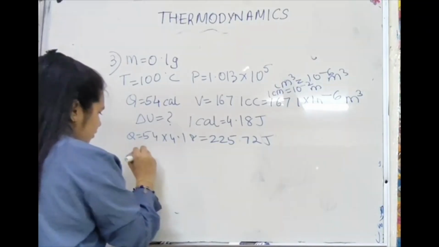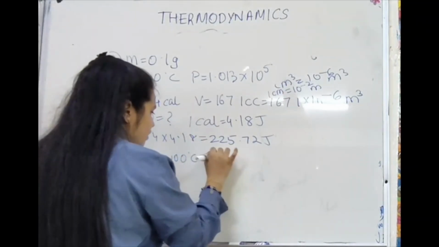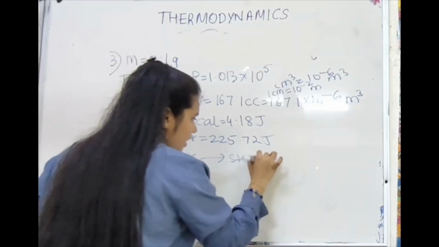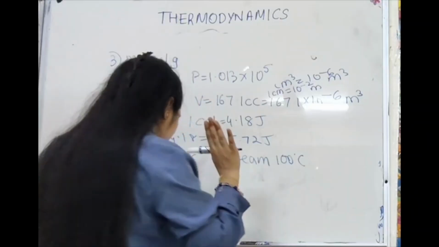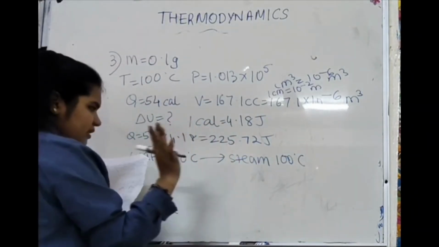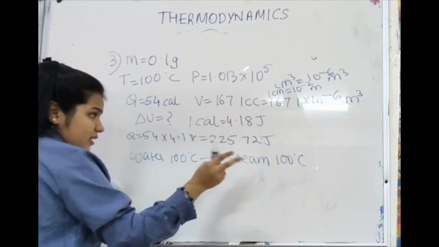Next, they're saying water at 100 degrees Celsius converts into steam at 100 degrees Celsius. The temperature remains the same, just the phase is changing.